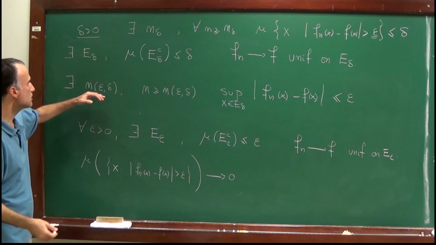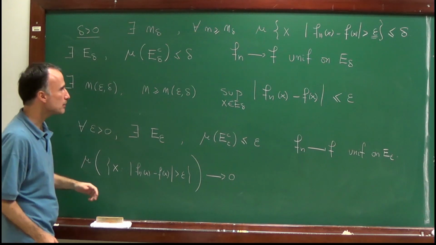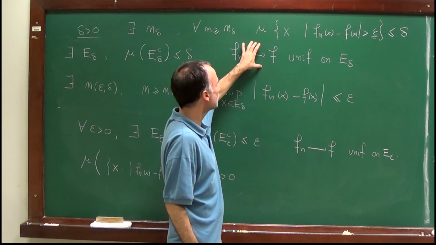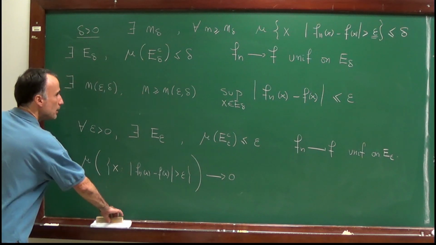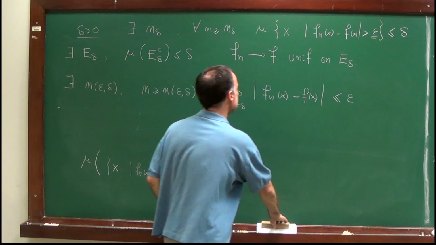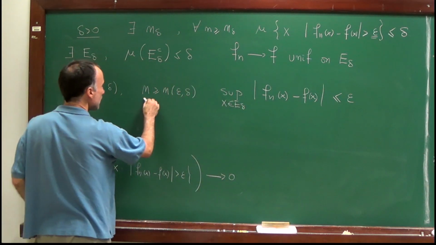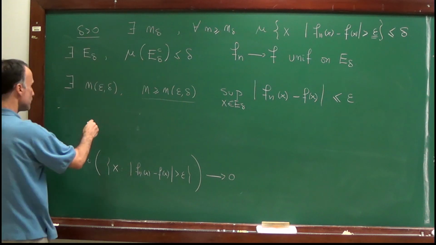The existence of this integer n comes from the fact that you have uniform convergence on this set.